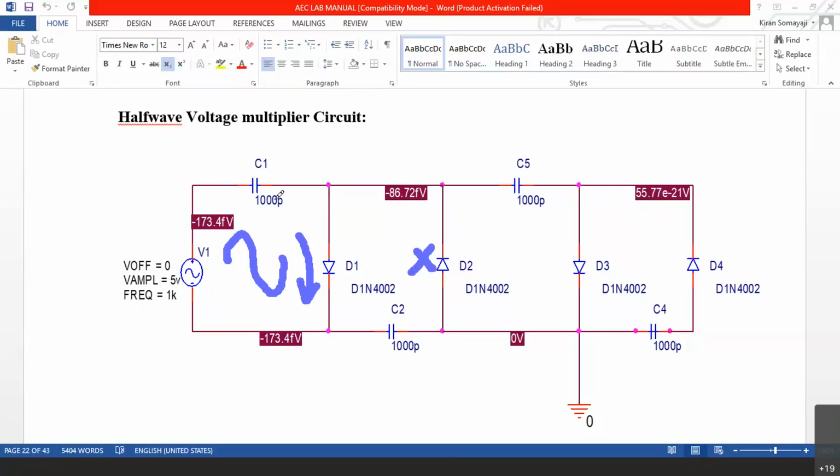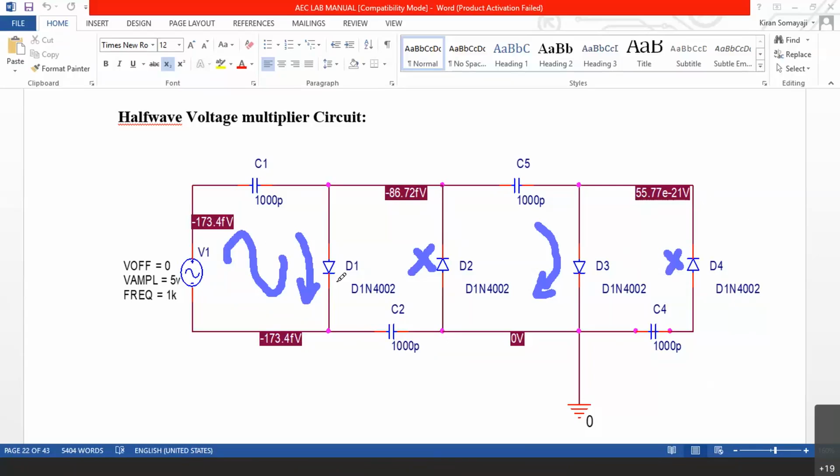And again the capacitor passes AC, so this diode is conducting, and at that time, this is not conducting. So D1 and D3 are conducting in the positive cycle and capacitor passes AC. Whereas in the negative cycle, D2 and D4 are conducting. At that time, C2 and C4 are going to pass AC.